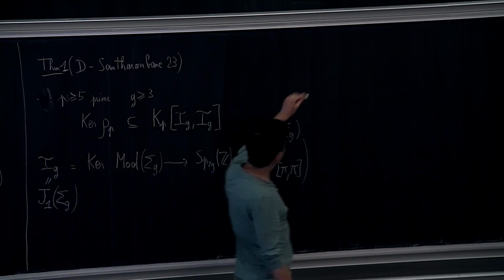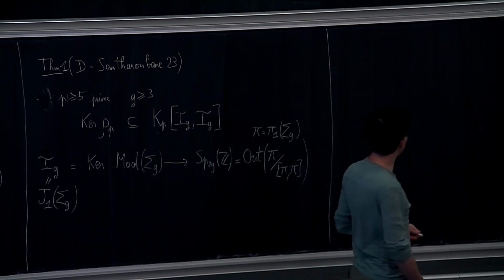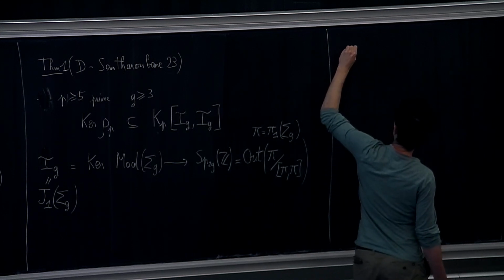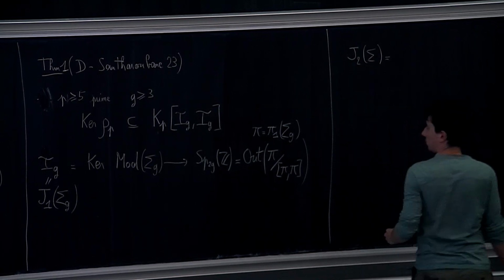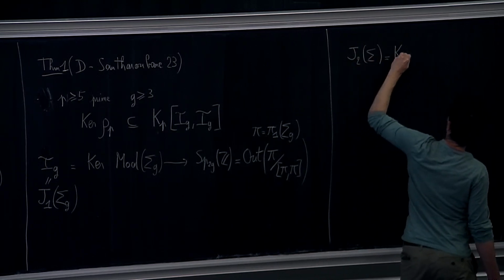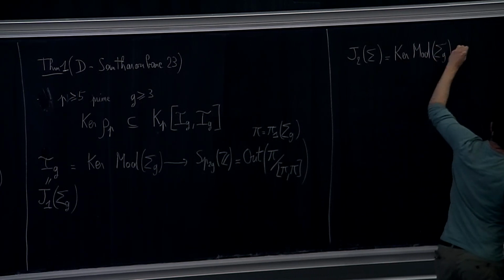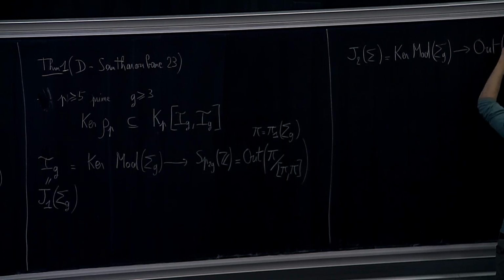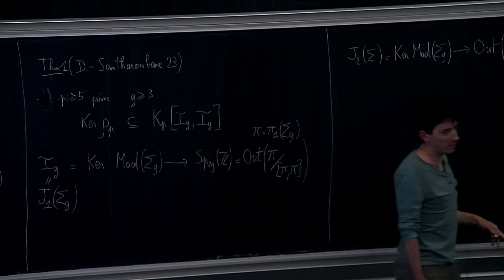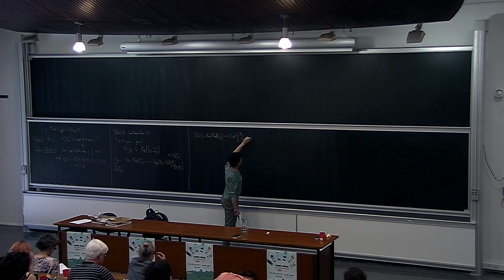And I want to think of it as the first term in a sequence of subgroups of the mapping class group. The second one will be what I call J_2 of sigma, and it will be the kernel of the map from the mapping class group of sigma to the outer automorphisms of, instead of taking the quotient of pi by just the commutator subgroup, I take the next element of the lower central series.